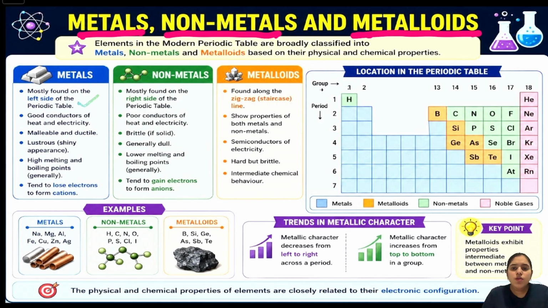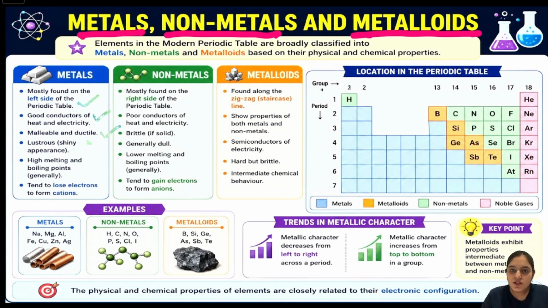They are good conductors of heat and electricity, which is why they are widely used in electrical wires and cooking utensils. Next point is malleable and ductile. Metals are malleable, meaning they can be hammered into thin sheets, and ductile, meaning they can be drawn into wires. Next is lustrous, meaning shiny appearance.